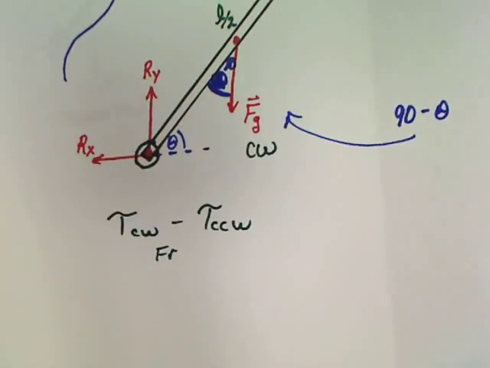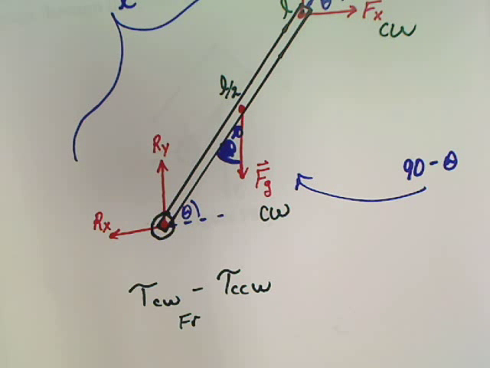And now all I need to be thinking again is F times r, and if there's an angle, I'll write F sine theta r. So let's see what we can do in this problem.